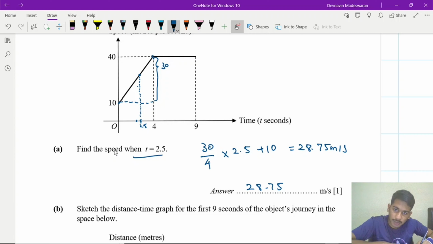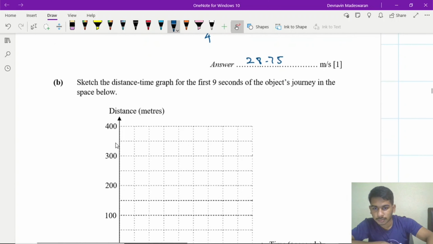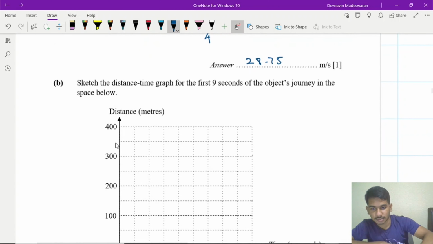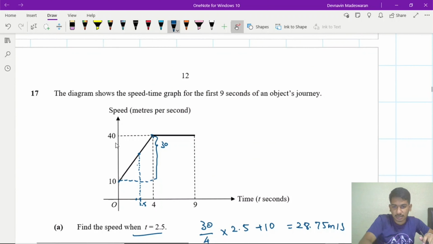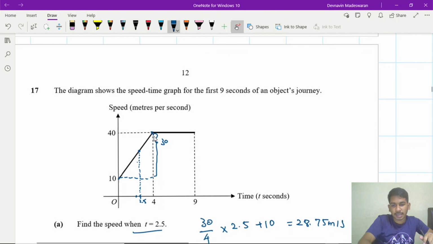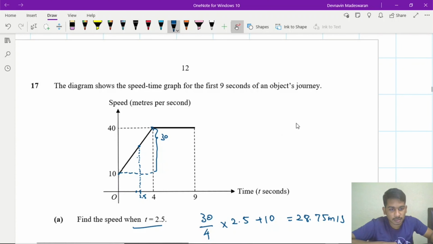Then what else do we have? We've got to sketch the distance. Okay, let me speak it smaller a bit. For the first 9 seconds, the distance is going to be increasing at a constant rate from 4 to 9.